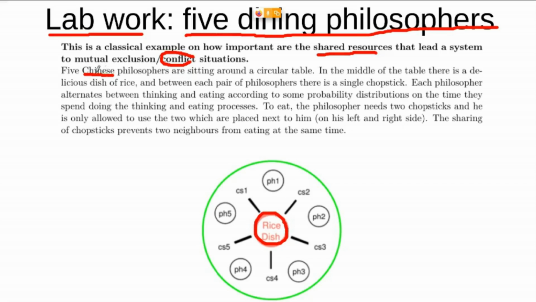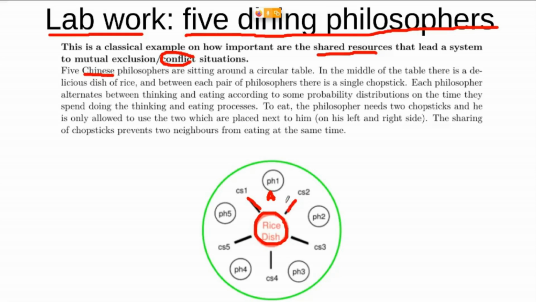Because they are Chinese, they use chopsticks, okay? Every philosopher has 1 chopstick on the right, 1 chopstick on the left, okay? Because the philosopher is looking forward at the rice dish. So this is the right hand of the philosopher, yeah?